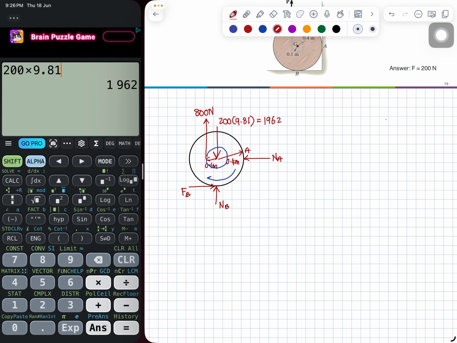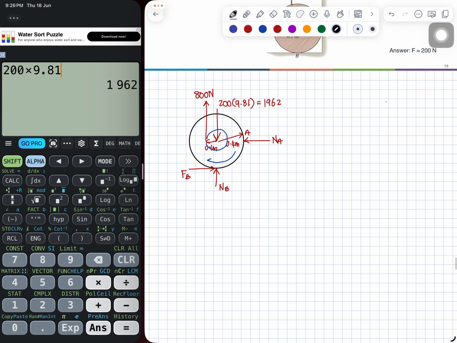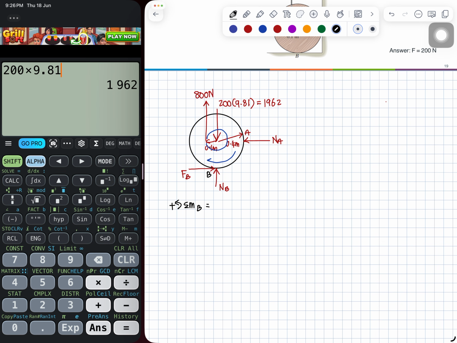As usual, we are going to apply the static equilibrium equations for a rigid body, starting with the moment equation. Summation of moment about point B, since point B has the most unknowns, which is 2 unknowns, compared to point A having 1 unknown.